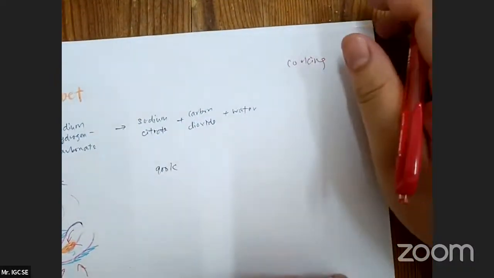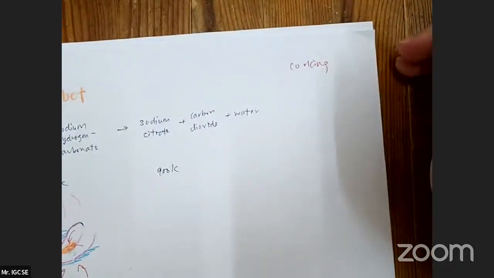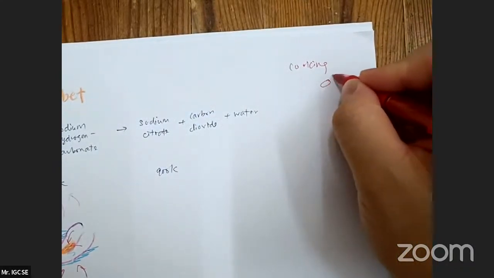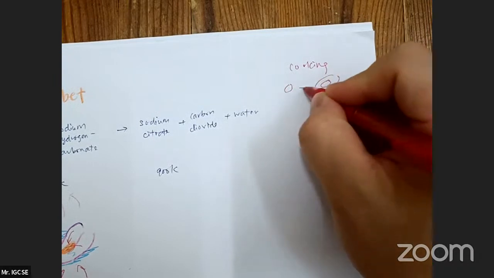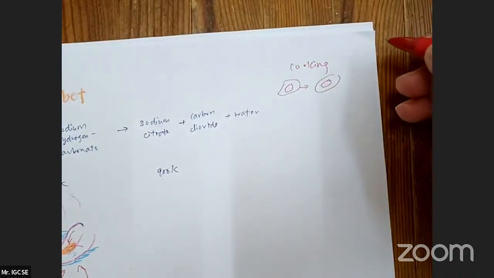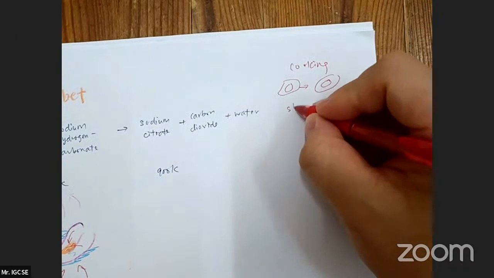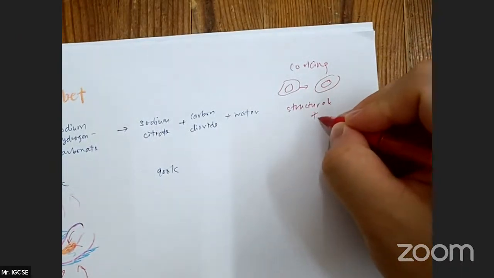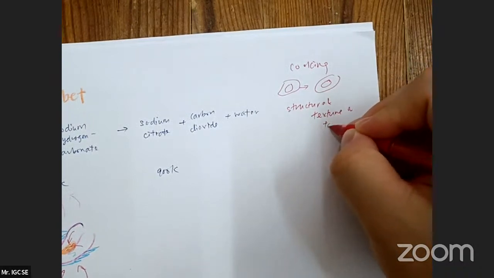When you cook and eat, the eggs initially in the liquid will become solid, and this changes their structure and texture, and also taste, right? Yes.